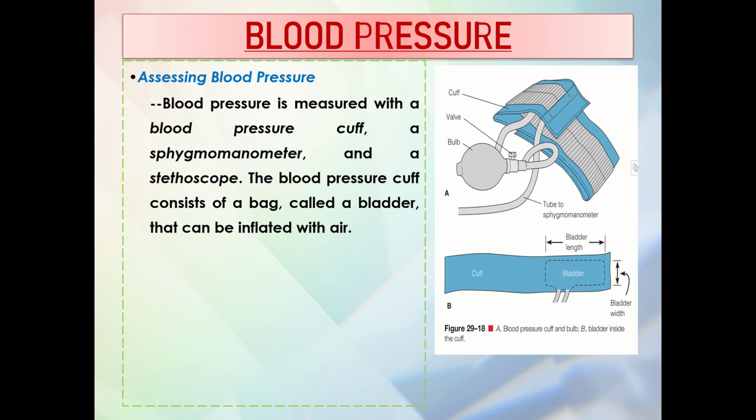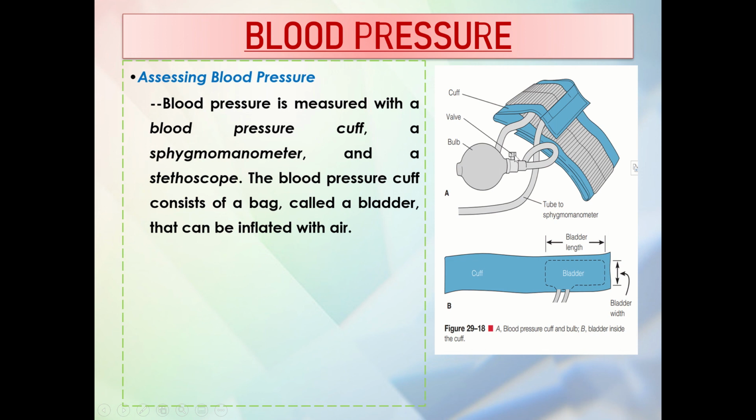Now, how do we assess the blood pressure? It is measured with a blood pressure cuff, a sphygmomanometer, and a stethoscope. So the blood pressure cuff consists of a bag called bladder that can be inflated with air. So this is the blood pressure cuff and bulb. This is the bulb. Ito naman yung cuff natin.